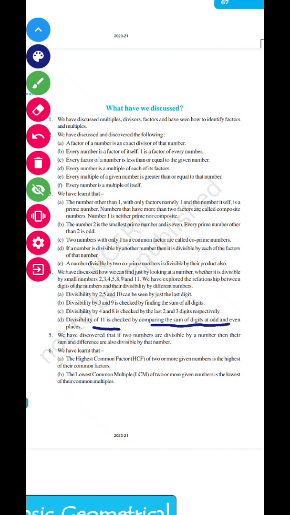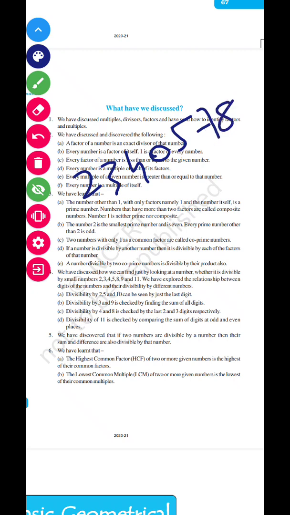For example, for 11, I'll tell you how to do it. Now I am giving a number: 2, 3, 4, 0, 5, 7, 8. Let's see whether this number is divisible by 11 or not. So what you will do is take the odd places. See, this is the first, this is second, third, fourth, fifth, sixth, seventh.